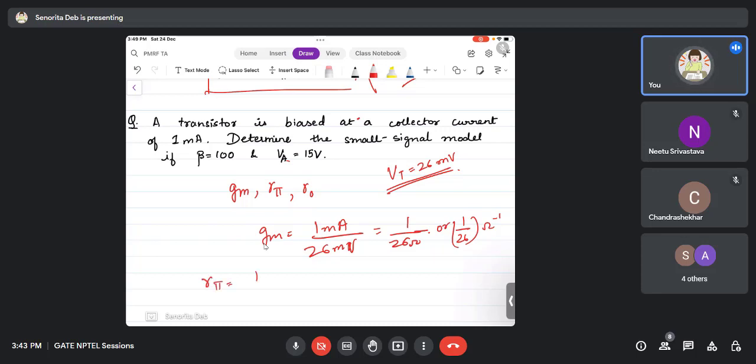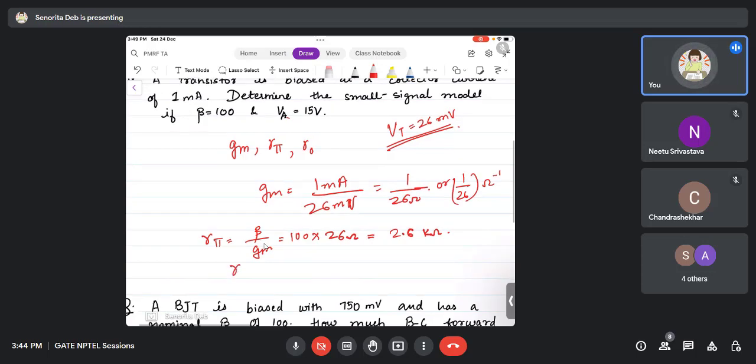R pi is nothing but beta upon GM, which is 100 into 26 ohms, which is 2.6 kilo ohms. Right? And then what is R naught? R naught is VA upon IC, which is 15 upon 1 milliampere, nothing but 15 kilo ohms. Is this fine?